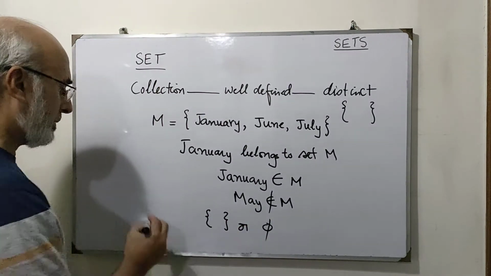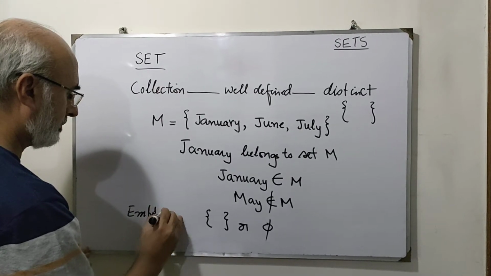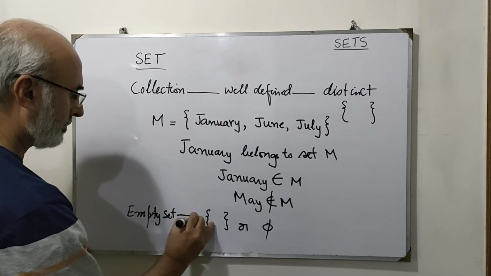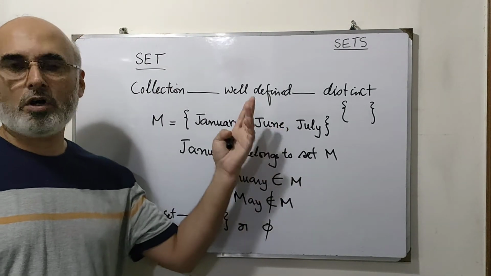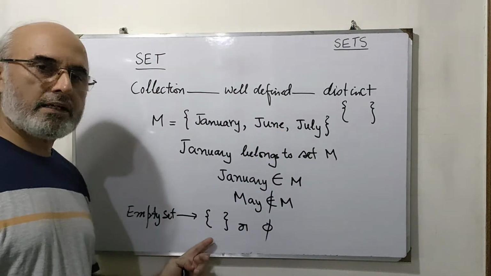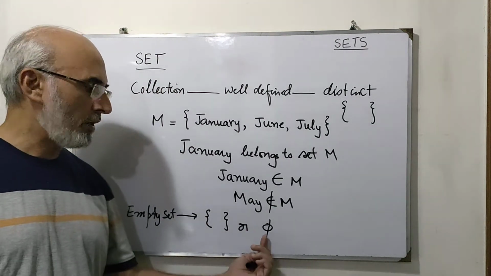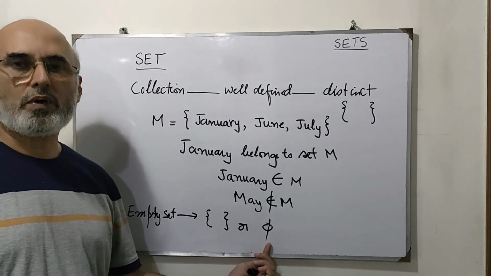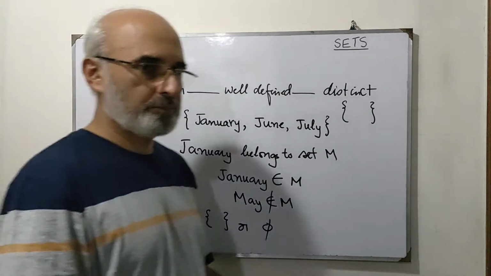Okay, so it's an empty set. This set has objects or elements within it, and this set doesn't have anything, so it's an empty set. Or we represent it with the symbol phi. Okay, so let's move further.